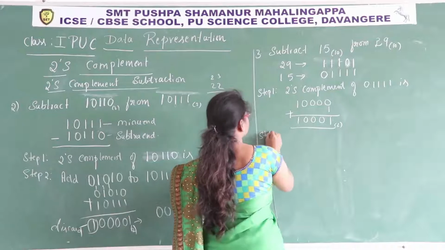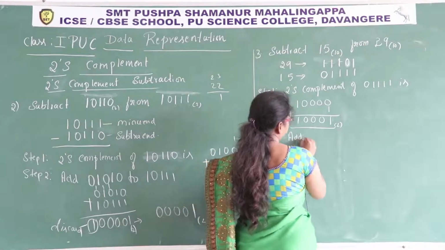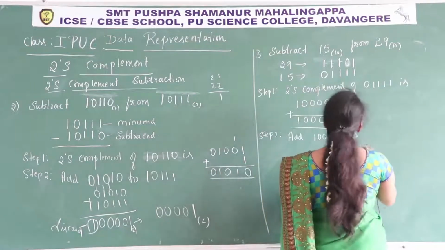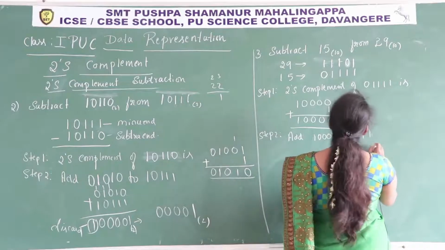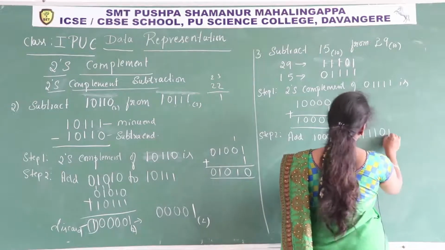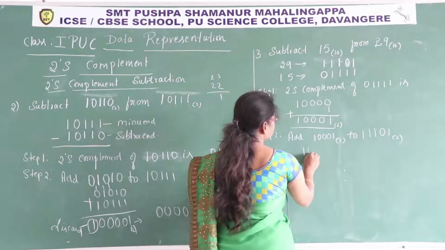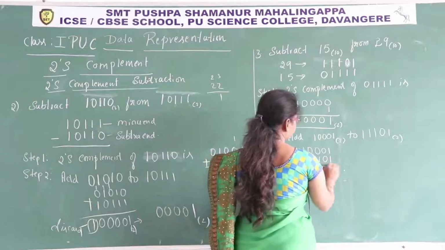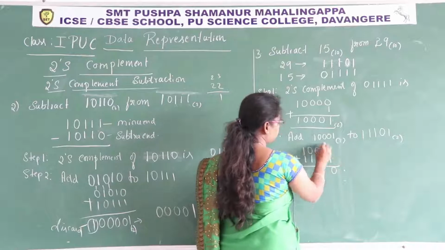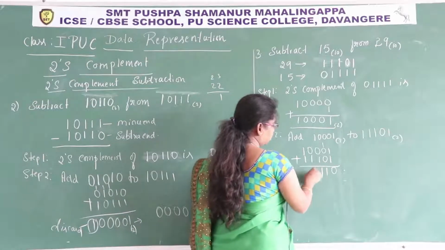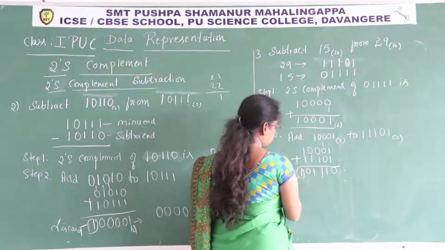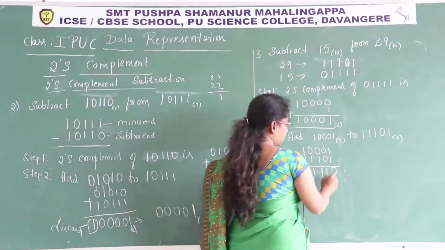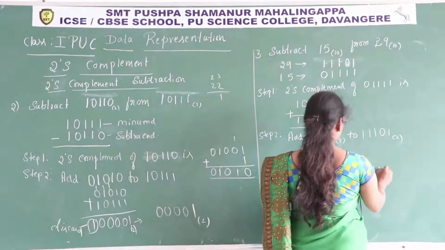Now step 2: add 10001 base 2 to the minuend, 11101. Add the bits, carrying 1 where needed. So discard the carry, the end around carry. It gives 1110 base 2.